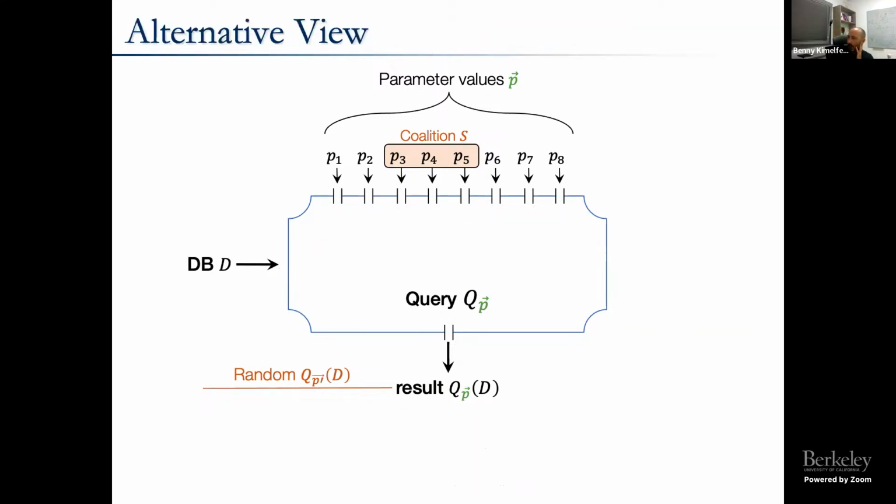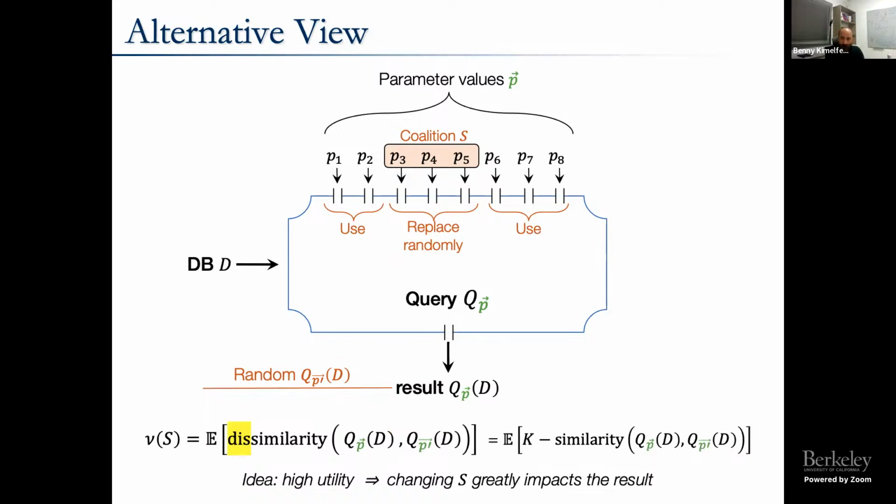You can also look at this problem from a different perspective. Why look at fixing the coalition? What we are interested in, which for some is more intuitive, is what happens when you change the parameters of the coalition. How does that affect the query? So you can also switch the game: replace the values of the coalition, then use the other values.